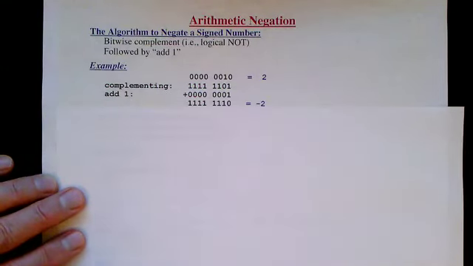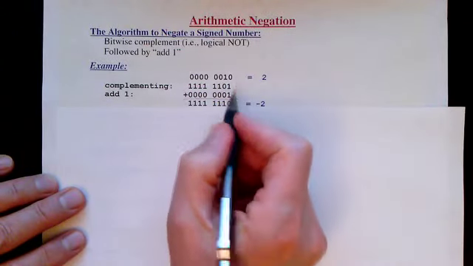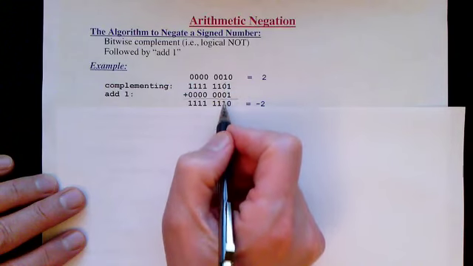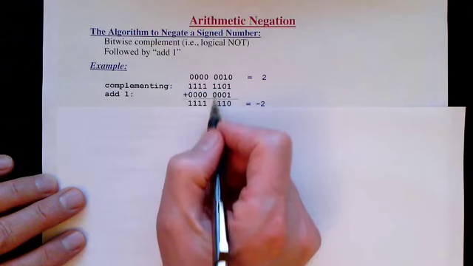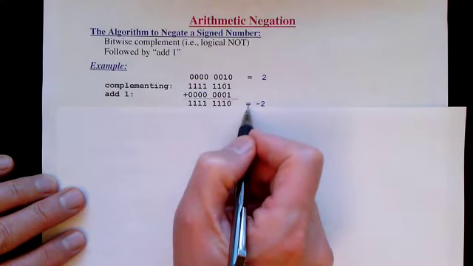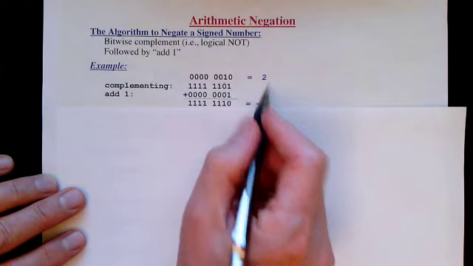Now adding 1, let me draw the line here. And so 1 plus 1 is 0, carry 1, and there's the 1. And then 1 plus 0 is 1, and we've got zeros here, so we get this. And that is the 2's complement representation for minus 2. So we've turned 2 into minus 2.